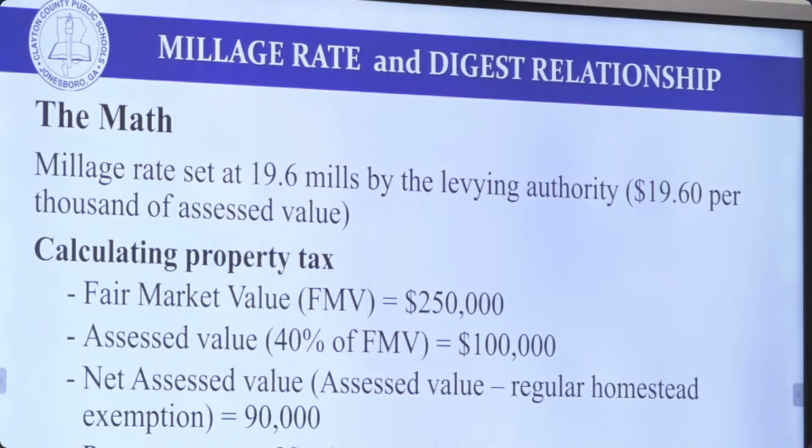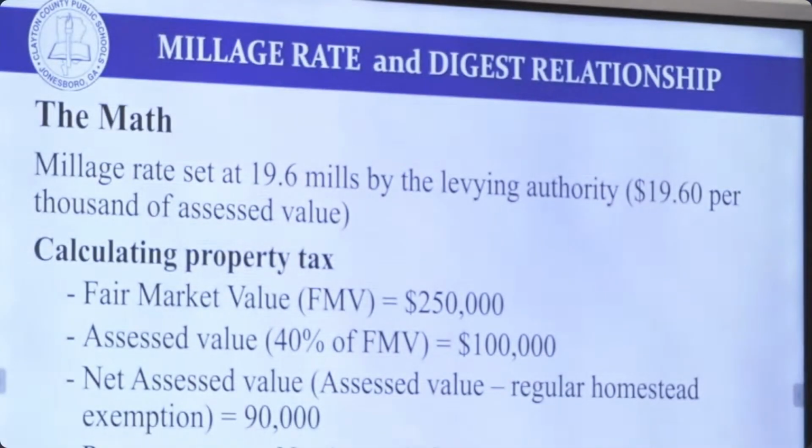So we take that $90,000, divide it by 1,000, because remember, 1 mil is $1 for every $1,000 in valuation, and multiply that times the millage rate of 19.6. A home with a fair market value of $250,000 will pay $1,764 in property taxes. And that's at 19.6 mils.